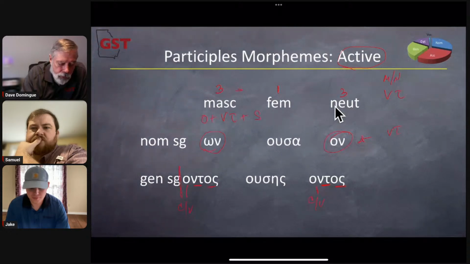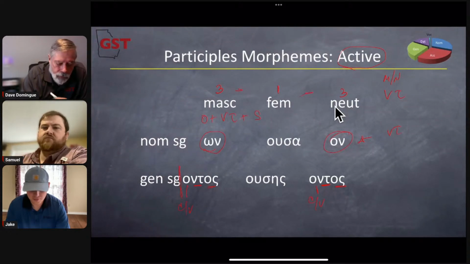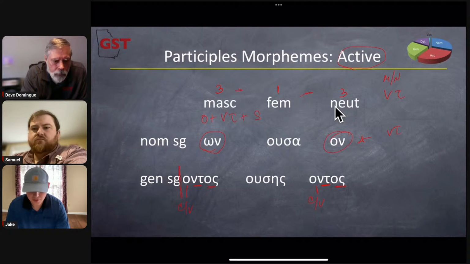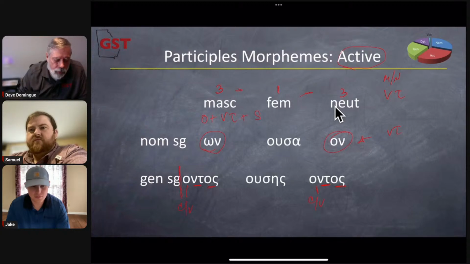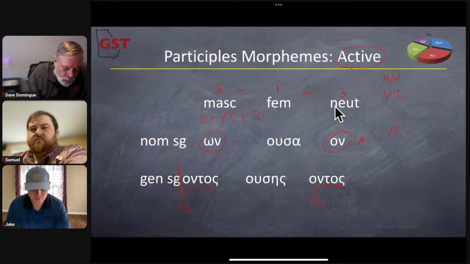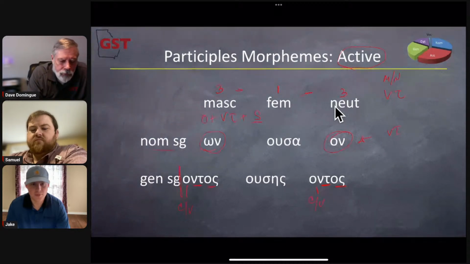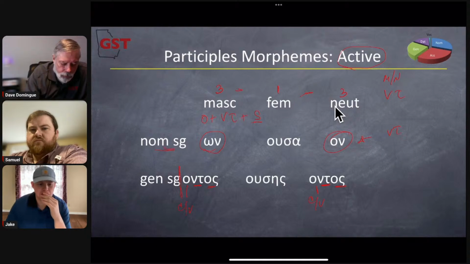Third declension for masculine, first declension for feminine, and third declension for neuter. You remember those, right? Kind of. Yeah, the 3-1-3. So this is actually for the nominative singular a sigma ending. If you look it up in your matrix, that's the case ending for the nominative singular and the masculine third declension form.